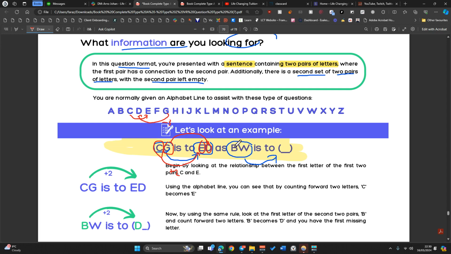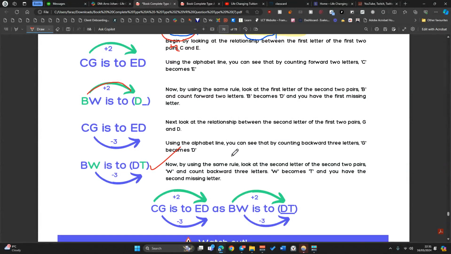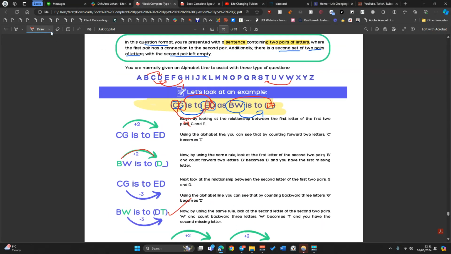So what's probably going to happen here is we're going to move the B 2 forward like we did to the C, and we're going to get D. And then we're going to move the W 3 back. So I think that was it, right? Yep, 3 back, and that gives you T. So DT should be the answer. There we go, DT.